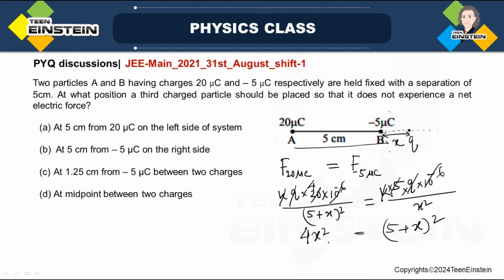So from both sides, if I take the square root, I get 2x. I'm just taking the positive, plus or minus it should be, but I'm taking just positive. So this is 5 plus x. Now this will give you x is equal to 5, and this is in centimeter.